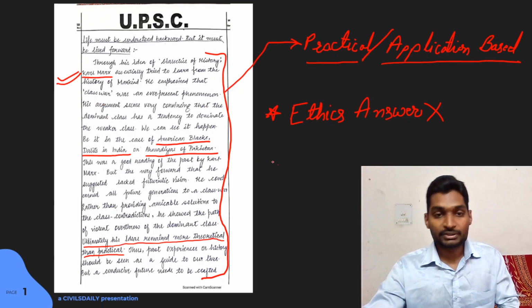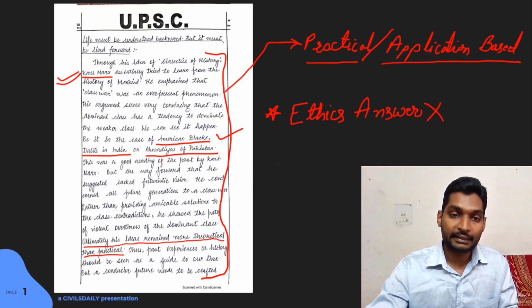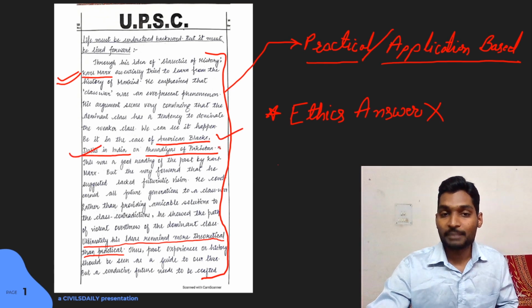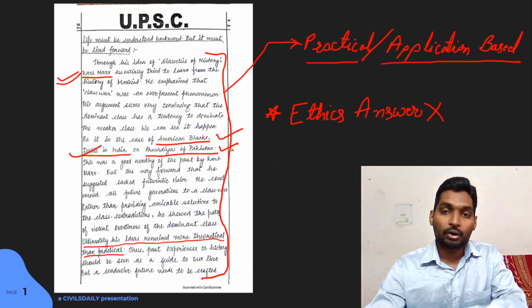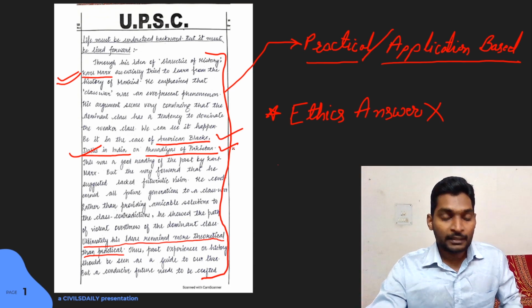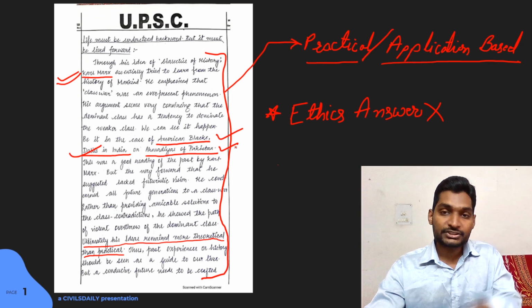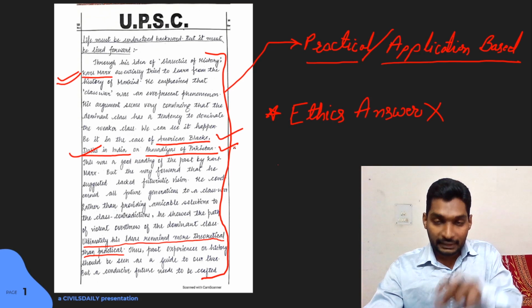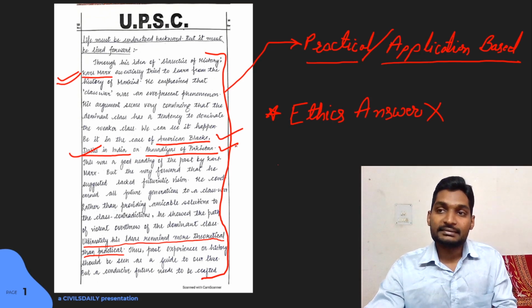And in the same introduction, we have references to the American blacks, the Dalits in India, the Ahmadiyyas of Pakistan, and so on. So as you can see, the introduction is very much rooted in current practical realities.